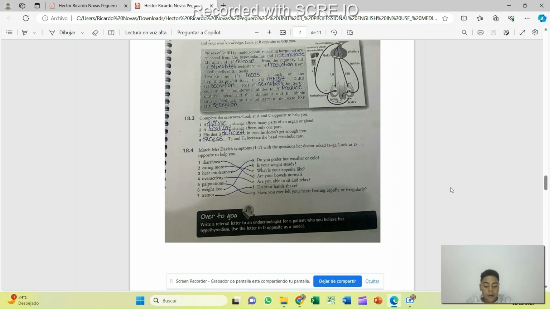Have you ever felt your heart beating rapidly or irregularly? 6. Weight loss. Is your weight steady? 7. Tremor. Do your hands shake?